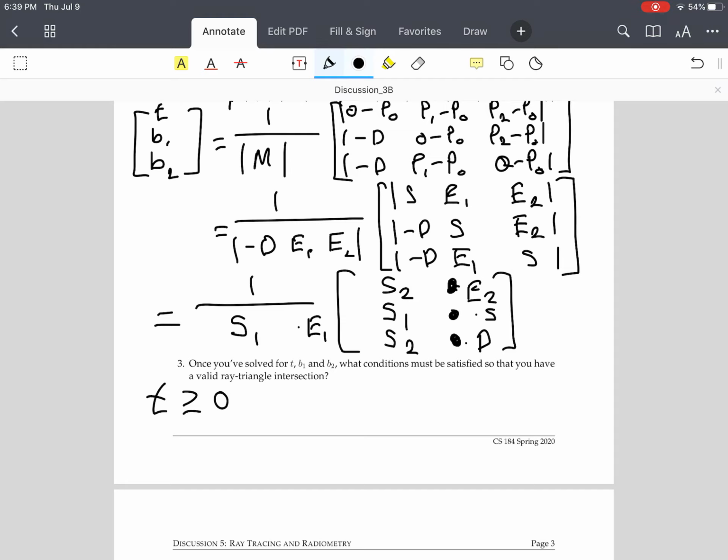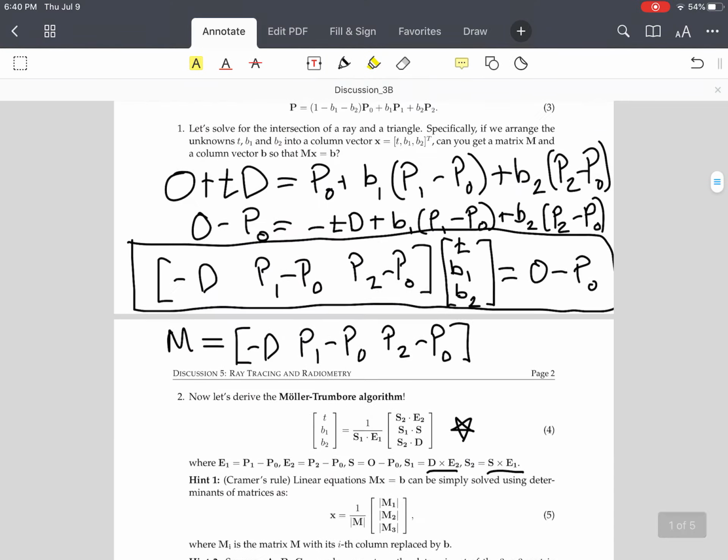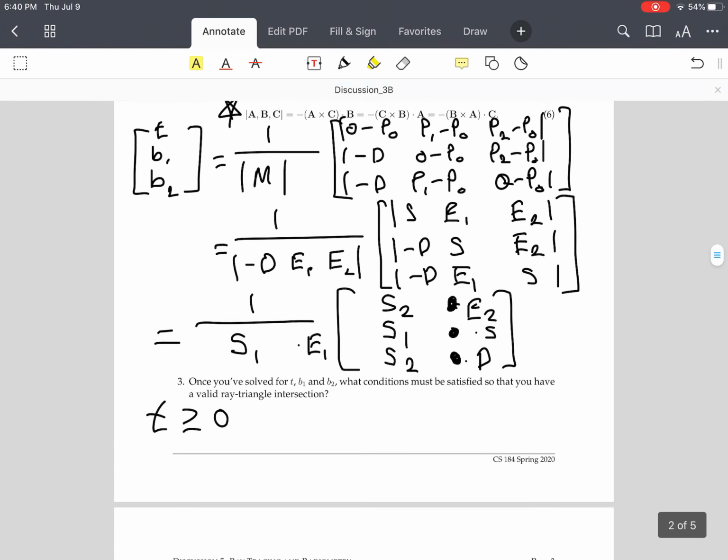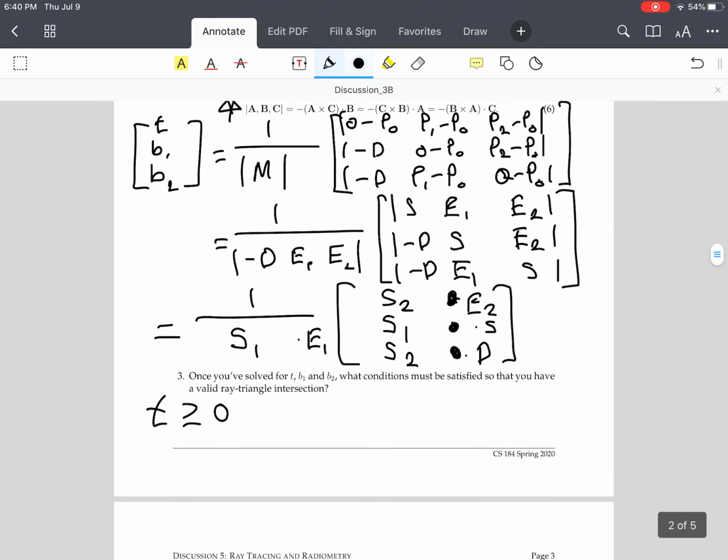For the second one, we can think about what exactly B1 and B2 represent. If we come up here, we'll see that B1 and B2 are essentially barycentric coordinates, the barycentric weights. So what that means is we can say that 0 is less than or equal to B1, less than or equal to 1.